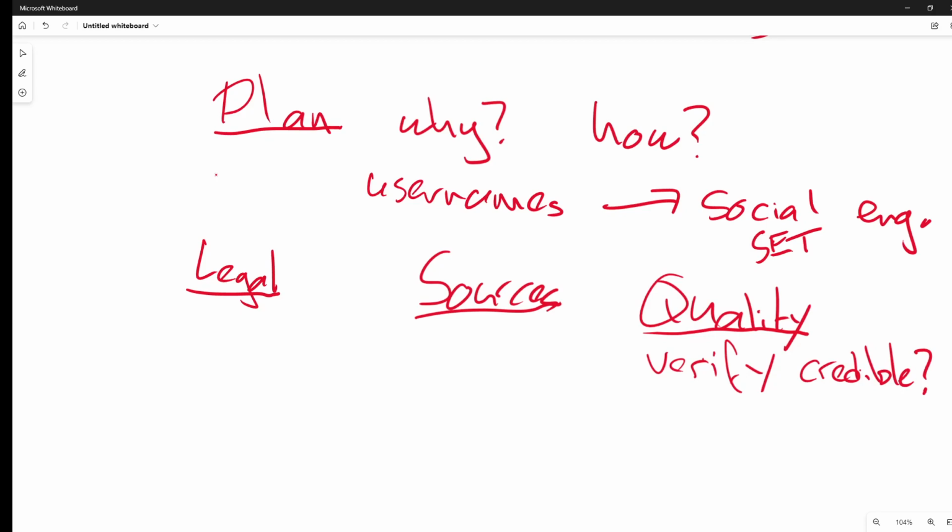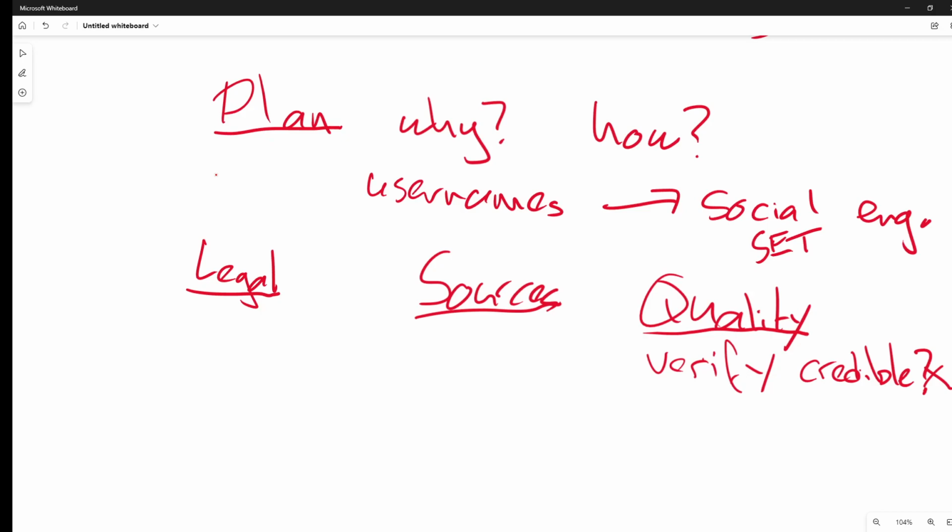Picking an example, the Flat Earth Society. Some people believe that the Earth is flat. The evidence that they present is not credible. You can verify it. Yes, there are people out there, but the data that's been returned is not credible. So be careful with the quality of information that is there all the time.